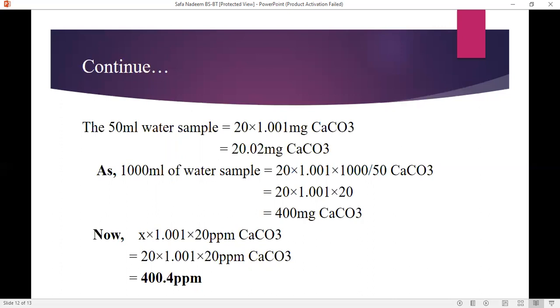As 1000 ml of water sample is equal to 20 multiplied by 1.001 multiplied by 1000 divided by 50, we get 400.4 milligram of calcium carbonate per liter, which is 400.4 ppm.